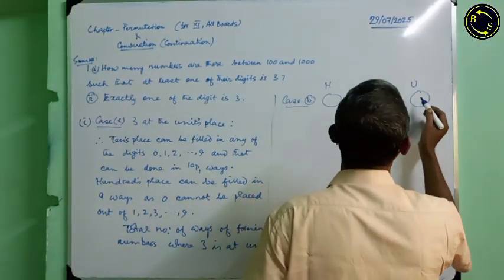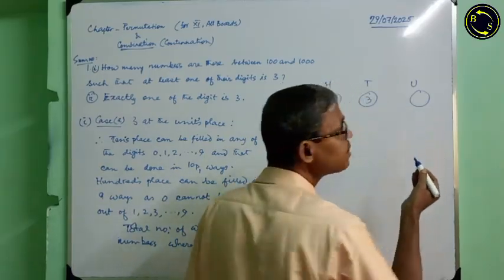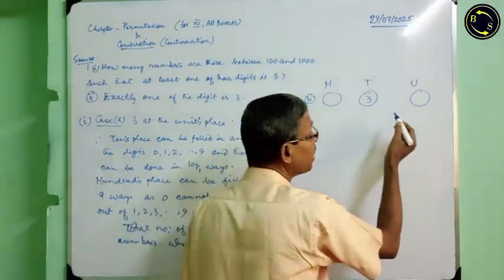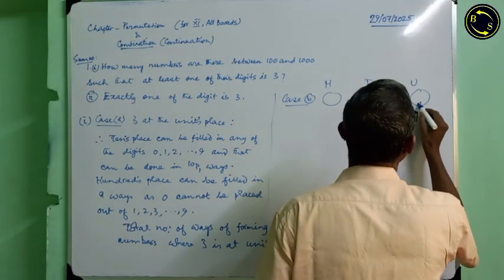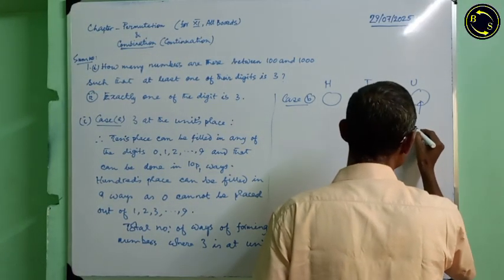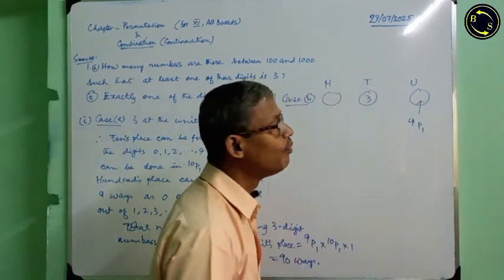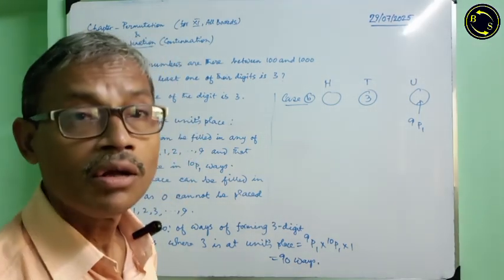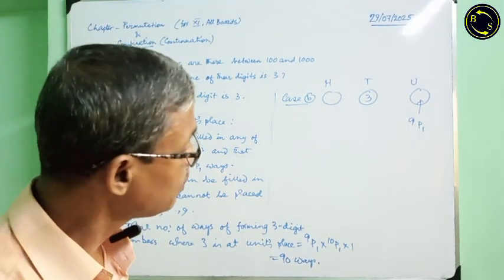There will be digits in the units place except 3. That means any of the 9 digits. Any one digit out of 0, 1, 2, 4, 5, 6, 7, 8, 9.